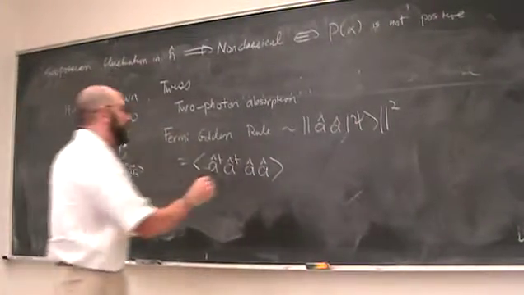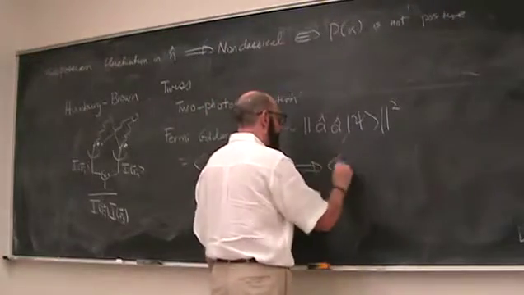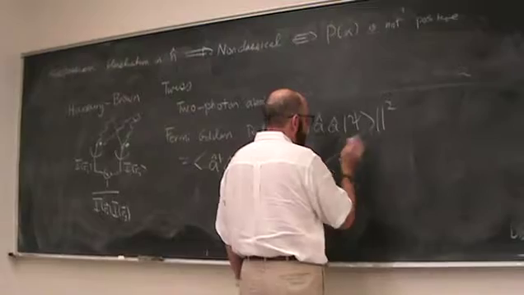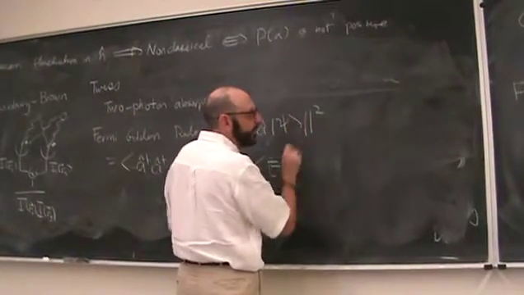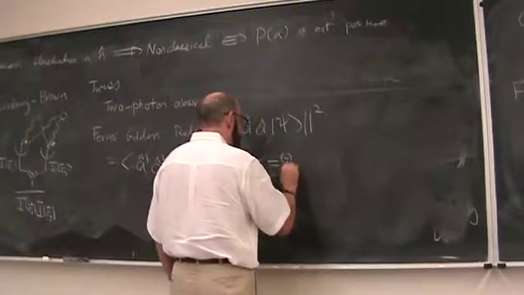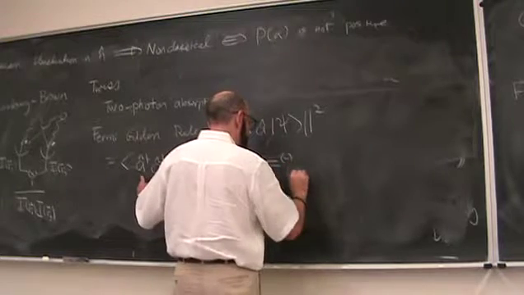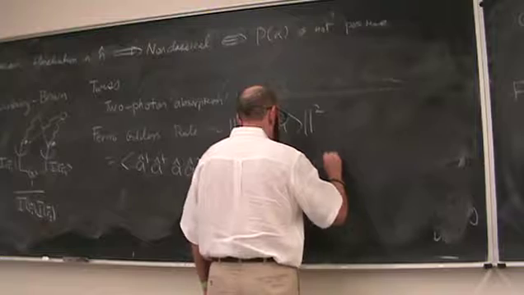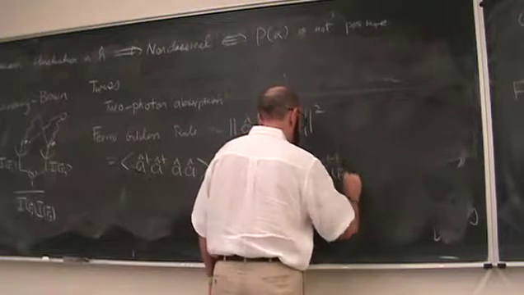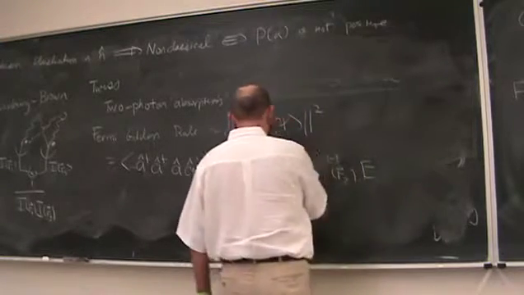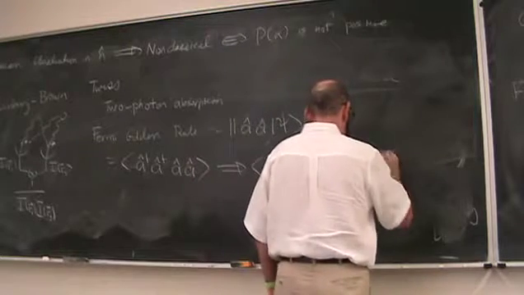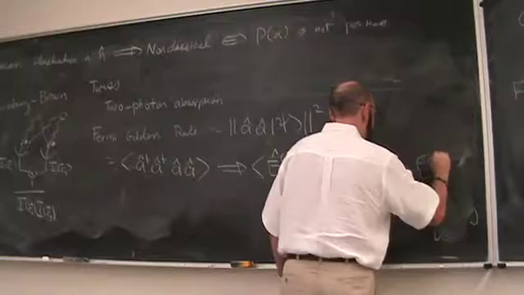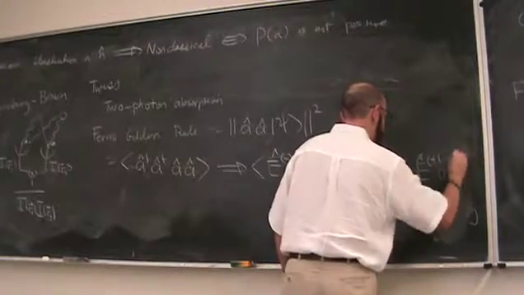And that, when I go to the field description for, say, these 2, and I forget about the polarization, click there or not, there's an a dagger for r1, an a dagger for r2, an a for r1, and an a for r2.